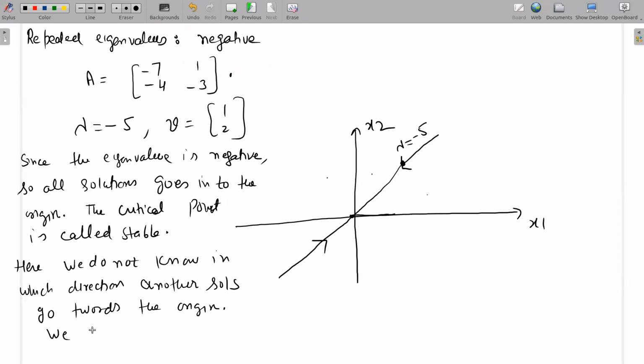So we take a random point. You can take (1, 0) or any other, or something else.